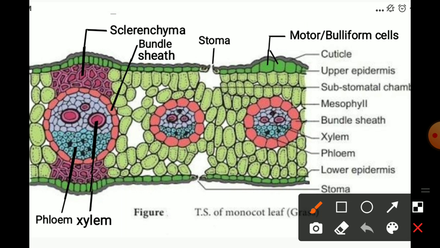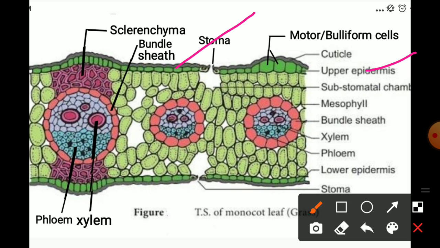Whenever we take the transverse section of such a bifacial organ, it shows the upper epidermis. This is the upper epidermis, the upper skin of the leaf, the upper surface.